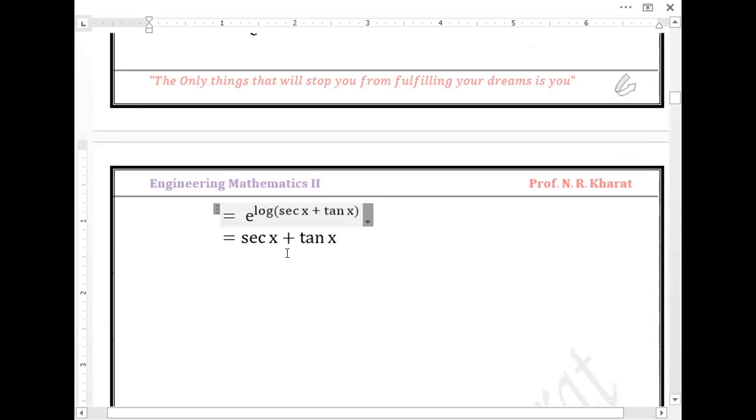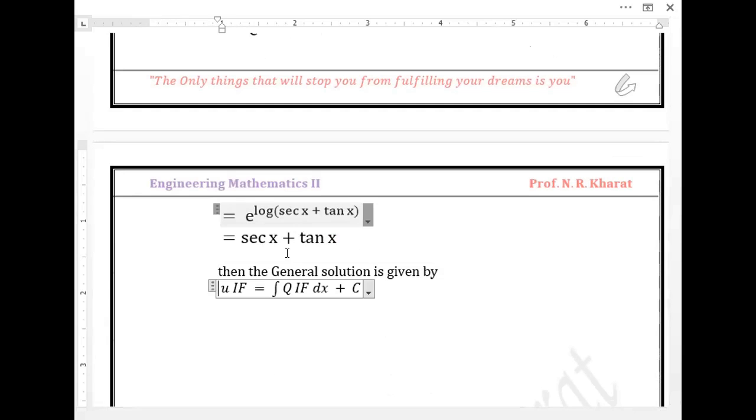And lastly, we have to find the solution. The solution can be found with the help of the formula: u, the variable of this differential equation, multiplied by the integrating factor is equal to the integration of the right hand side into the integrating factor with respect to x, plus c.